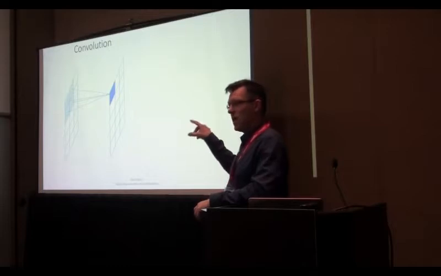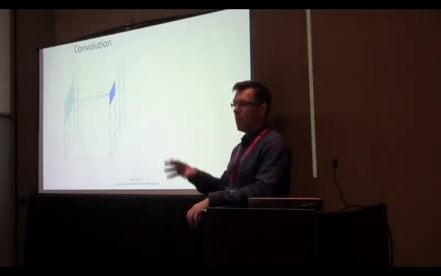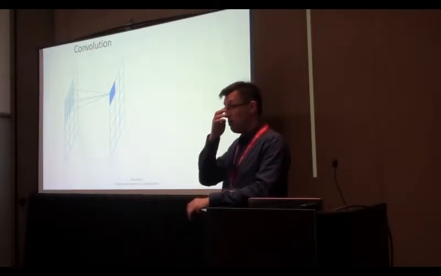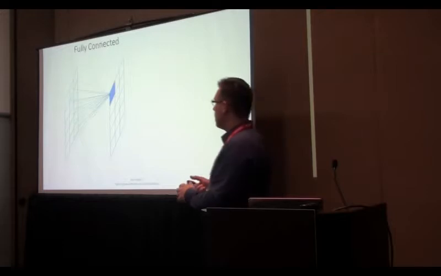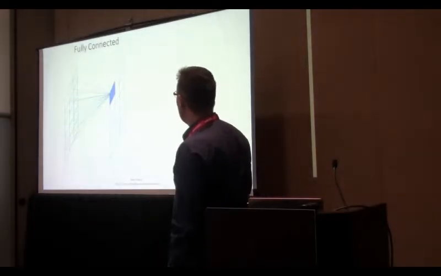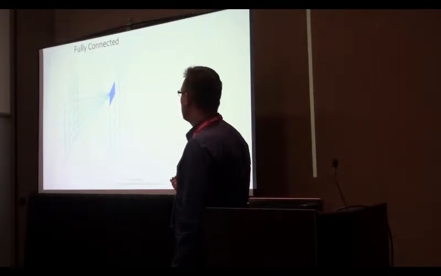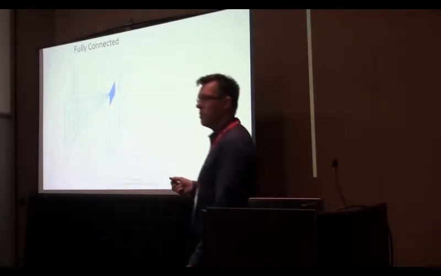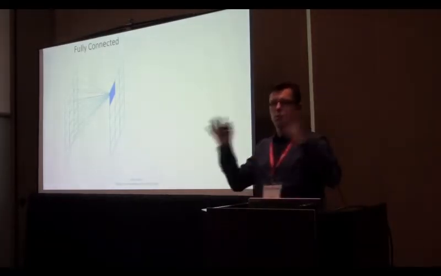But having this type of approach, same fixed weights, has another incredible property: it allows you to detect an object regardless of where it is in the image. If you think about it intuitively, with fully connected, once you learn that the dog in this corner looks like this, once you move the dog here, you lost this knowledge because the weights that pulled the data from that corner are completely different, so the network will be helpless.